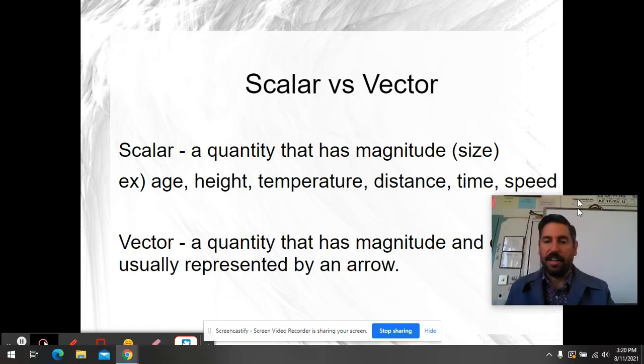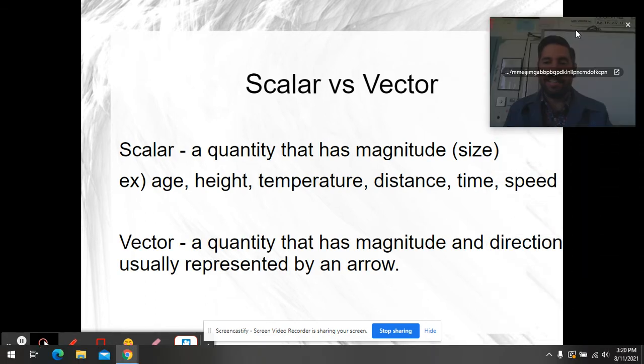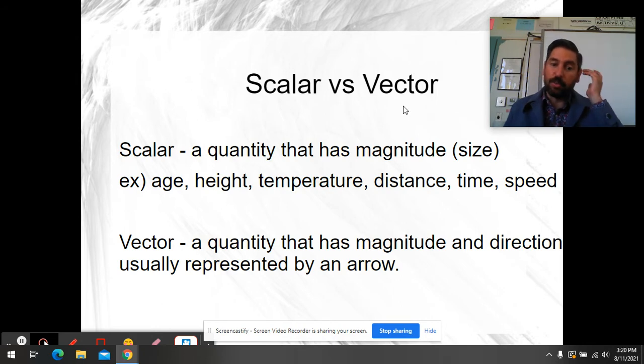Versus a vector. Vectors have size, but they also have a direction with them. We're going to mostly be dealing with vectors in physics because vectors give us more information. They don't give us only the magnitude, but they give us that direction, which is important. An example of this might be if I push something, I can push it this way, or I could push it this way.